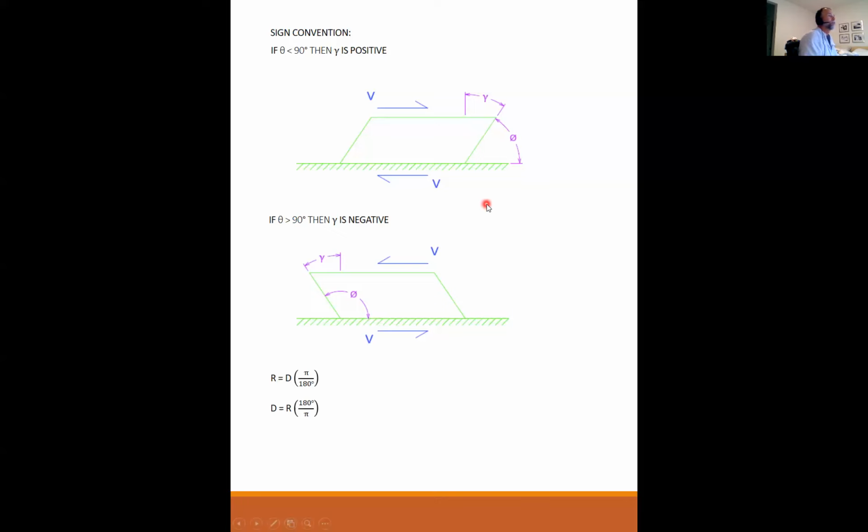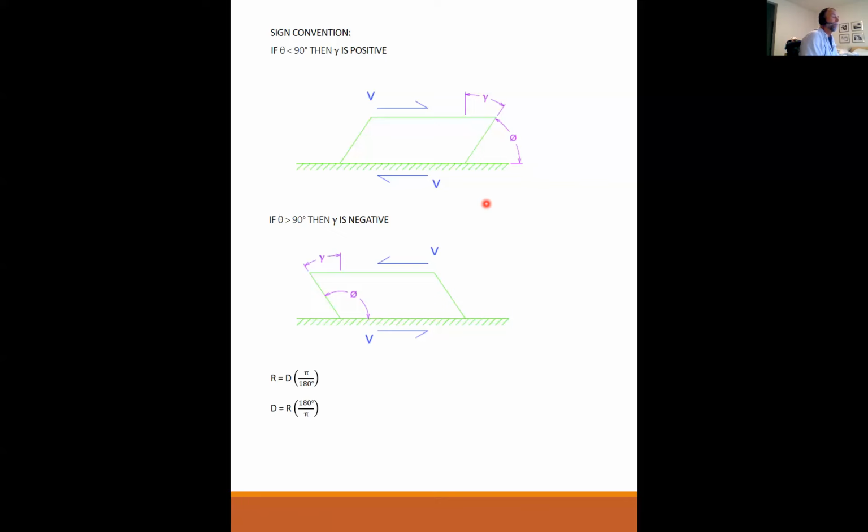But here's the good news. It's academic. It really is academic. A shear strain doesn't have any difference of meaning, positive or negative.